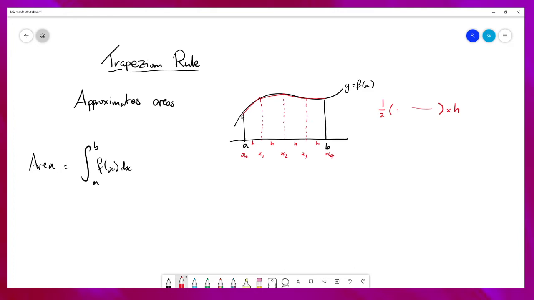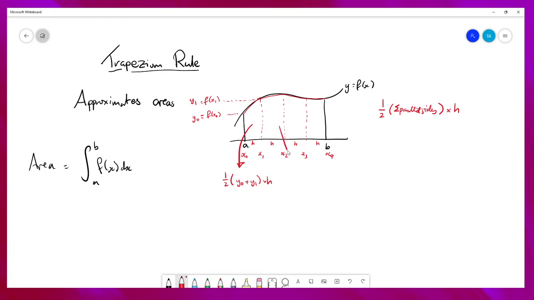Well, if we think about this as a y-coordinate, well, this is f of x0. This one is f of x1. So this area is going to be a half f of x0, which we're going to call y0, plus y1 times by h.